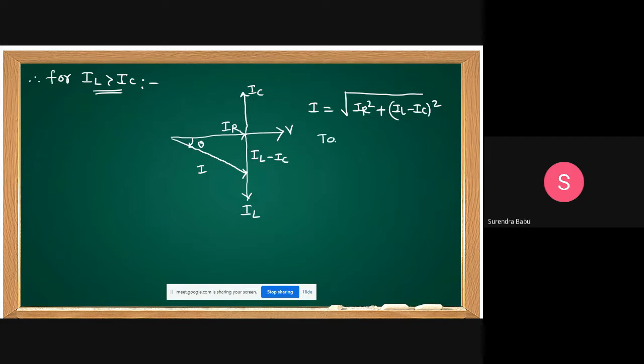What is the tan theta? Tan theta equals IL minus IC by IR. But here it is negative. Why? We are moving in the clockwise direction, because we start from the reference.